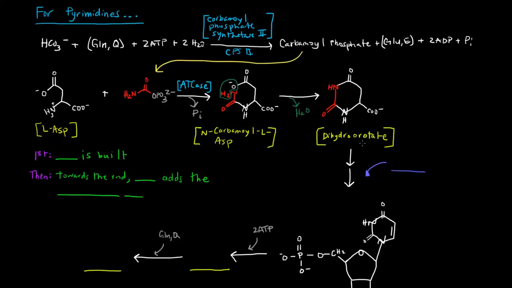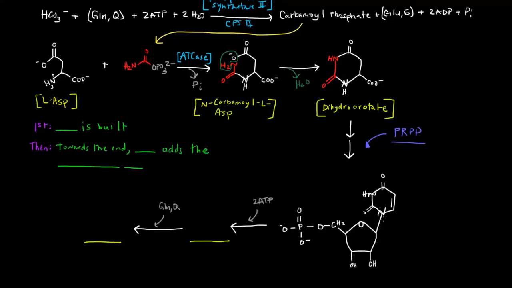I'm not really too concerned with the pronunciation of this word, but what's important to understand is that what we're doing here is forming this ring, and this ring is basically the ring of the pyrimidine that we've talked about before. So that's what we're creating, and that's what we're concerned with. Once that ring is created, there are a few more steps, but later on, PRPP comes around to provide the phosphoribose unit.